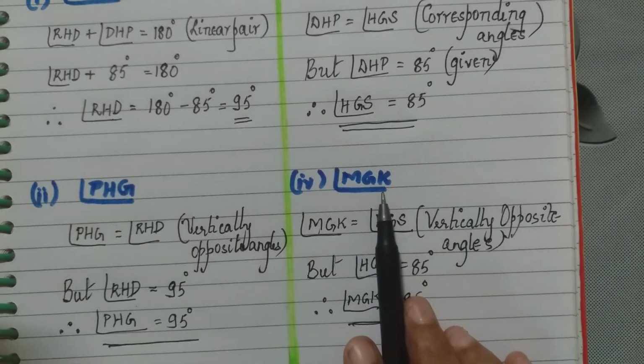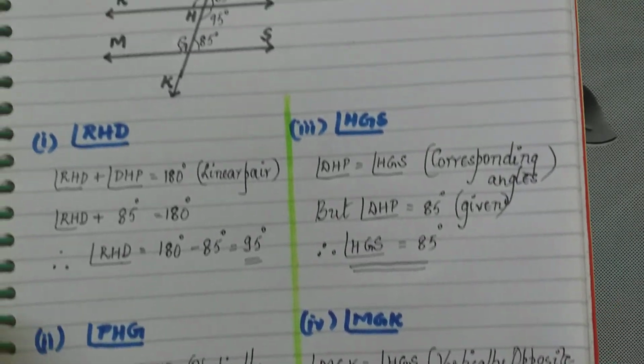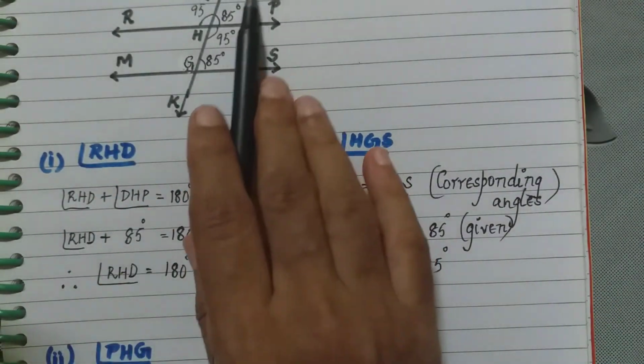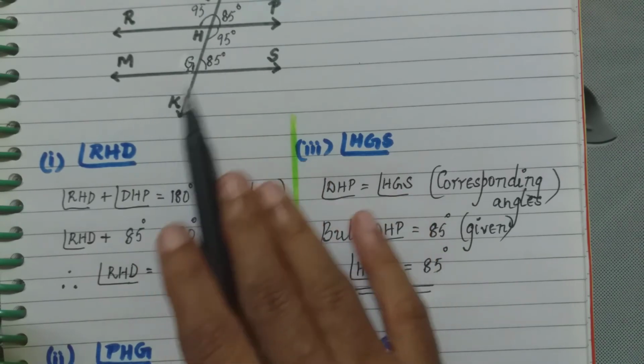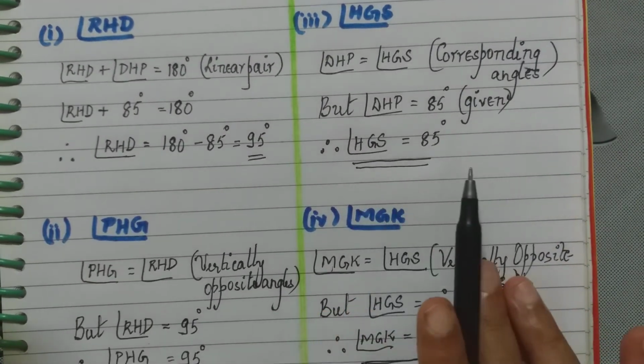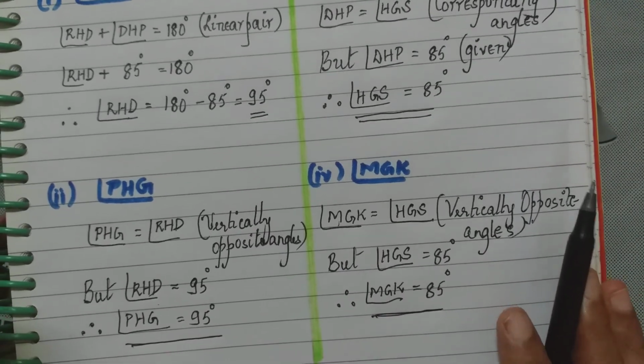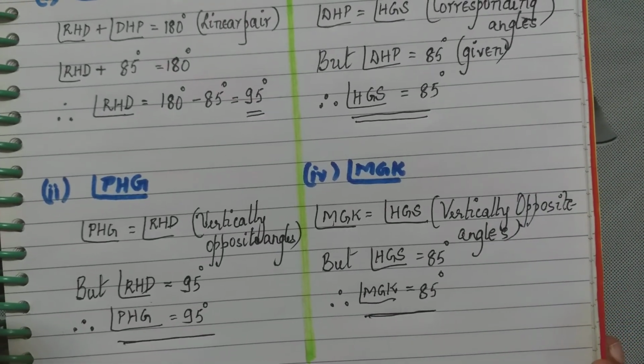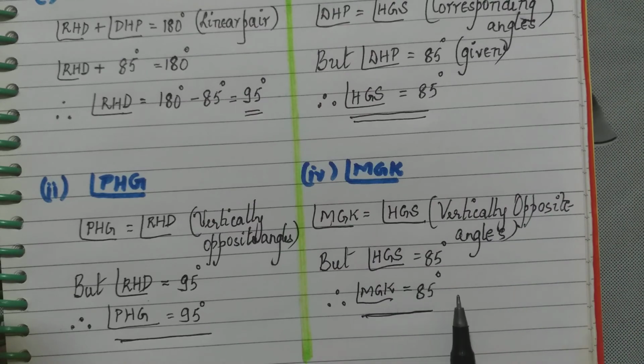And lastly, angle MGK is equal to angle HGS because they were vertically opposite angles, and the measure of angle HGS was already found to be 85. Therefore, angle MGK also will be 85 degrees.